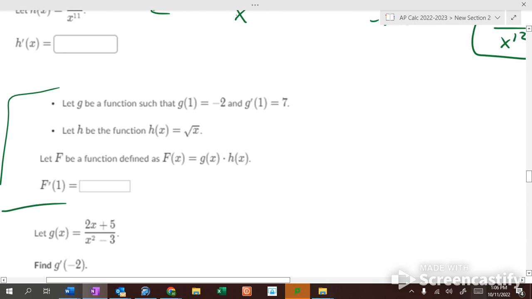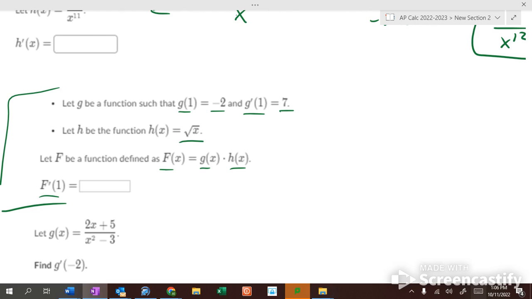Okay, this is a problem. So g of 1 equals negative 2. The slope at g of 1 equals 7. h of x equals the square root of x. f is a function where f equals g times h, and we want to find the first derivative of f at 1.